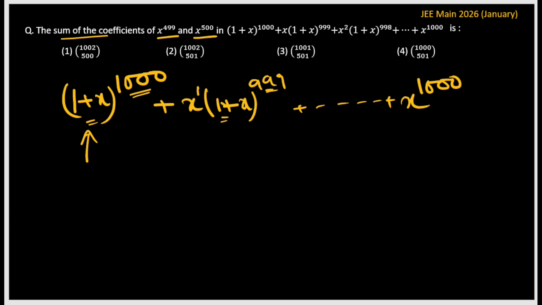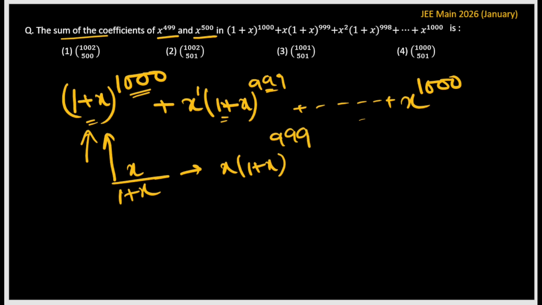If we multiply the first term by x over 1 plus x, we get the second term, x into (1 plus x) to the power 999, and if we multiply this term again, we get the third term, x square into (1 plus x) to the power 998.